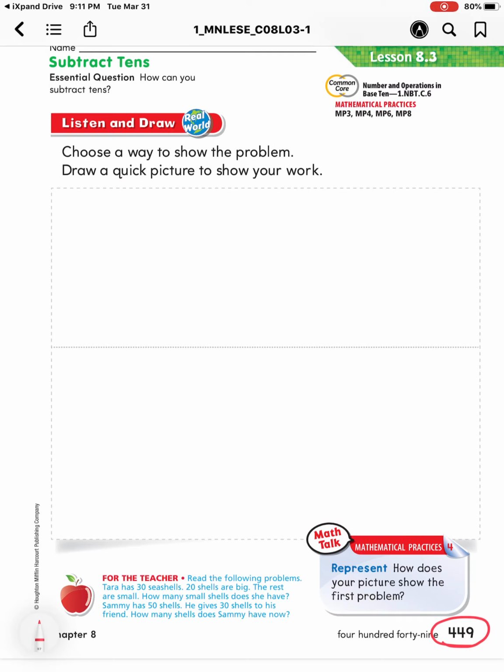Now let's read the question together. Listen and draw. Choose a way to show the problem. Draw a quick picture to show your work. Now, I will read the problem and we will try to figure out the numbers and what is needed from us. The first question says, Tara has 30 seashells.